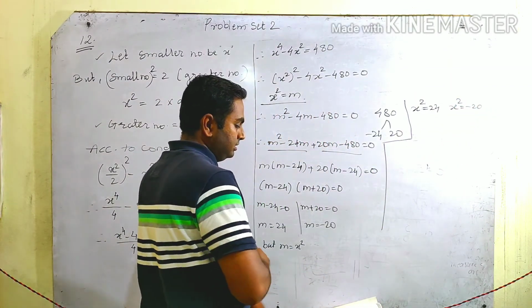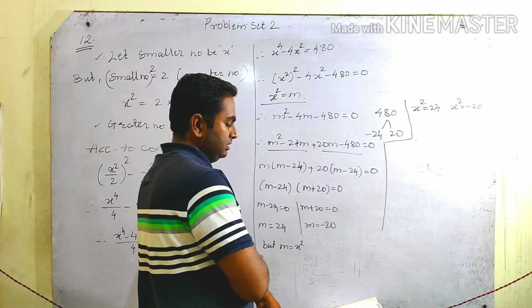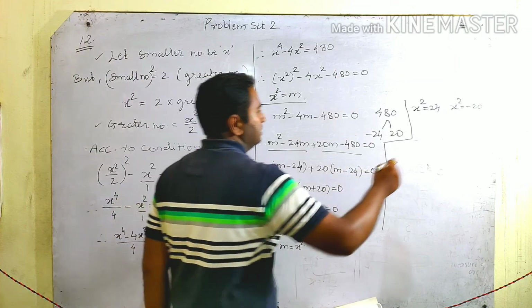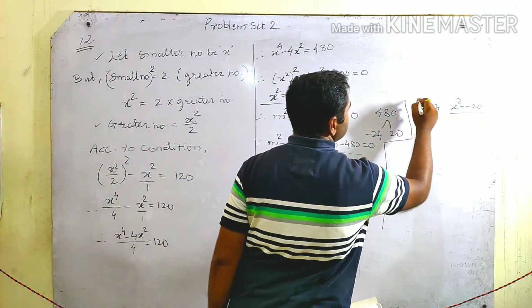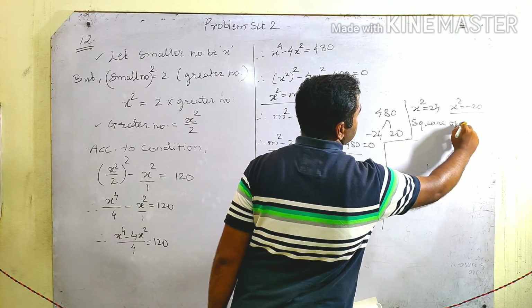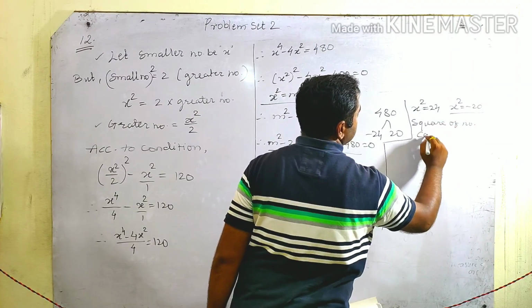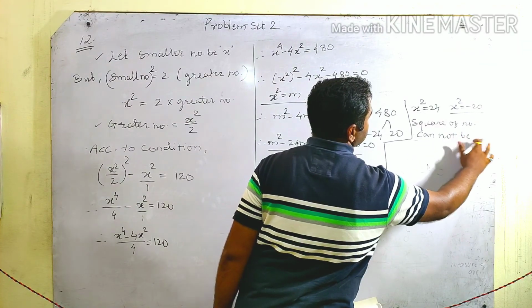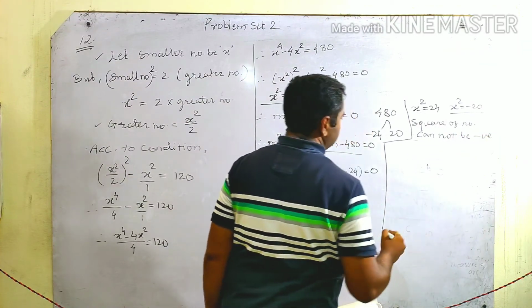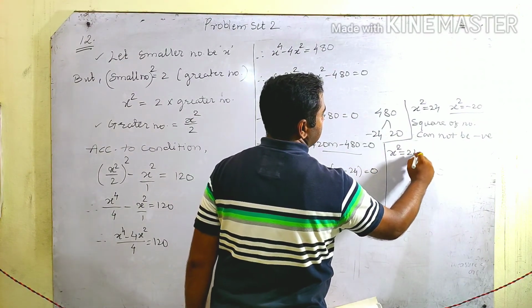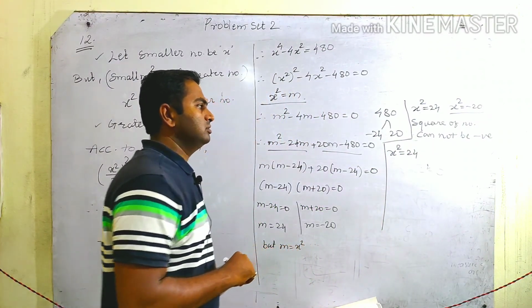But the square of a number cannot be negative, right? So we can write here that we don't consider it, because the square of a number cannot be negative. So we consider only x square is equal to 24.